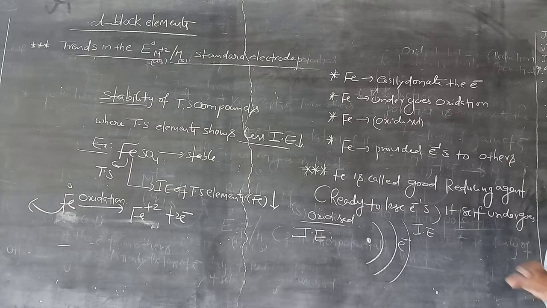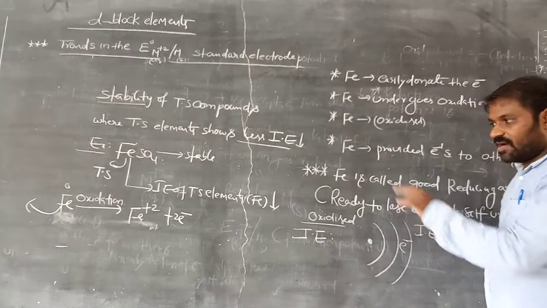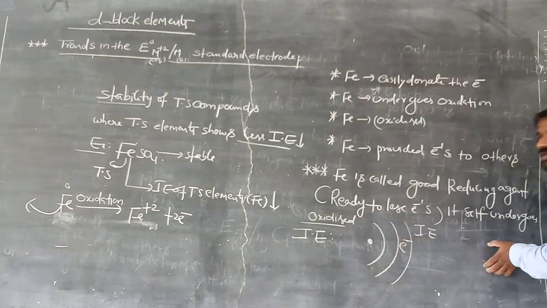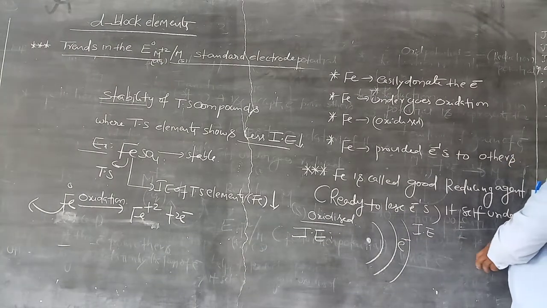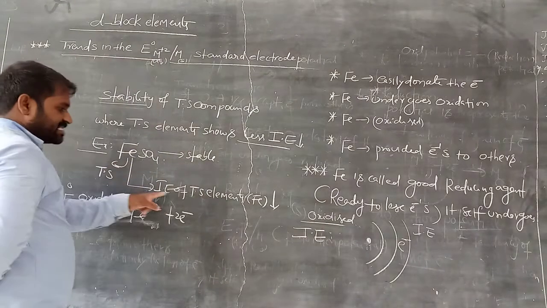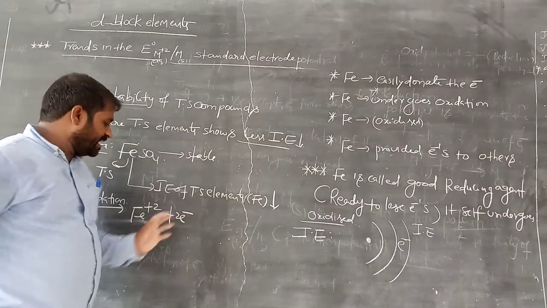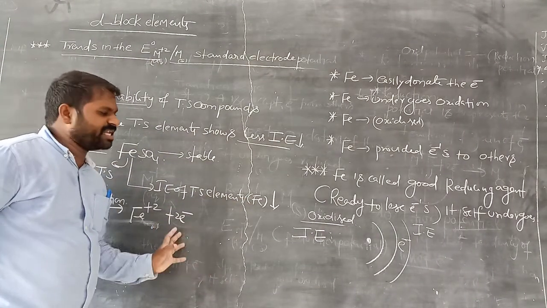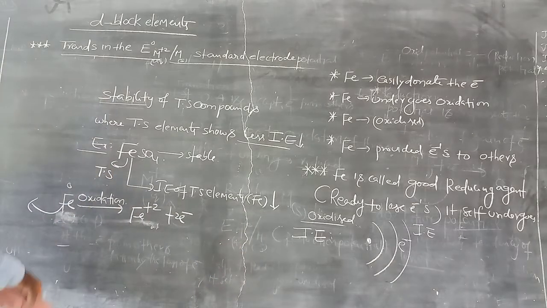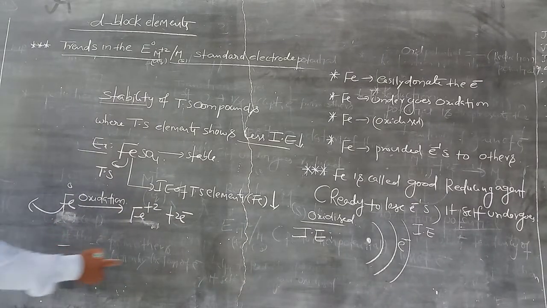In the case of iron, we have less ionization energy. That means we can easily remove the electron from the outermost shell of iron. Why? Because it can easily donate electrons. Clear?